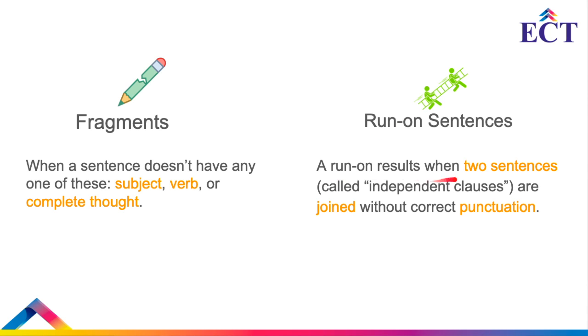A run-on results when two sentences, which are called independent clauses, are joined without correct punctuation. So there are two independent sentences, and you are trying to combine them without either a proper conjunction or proper punctuation, right?